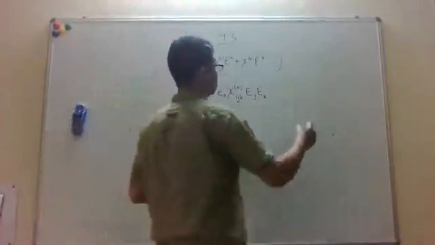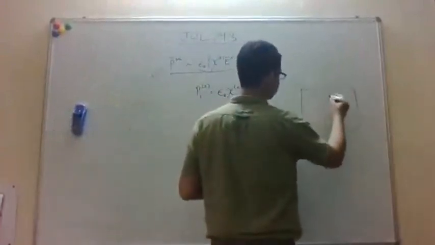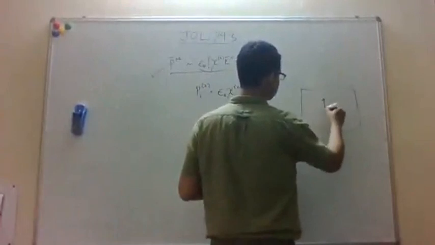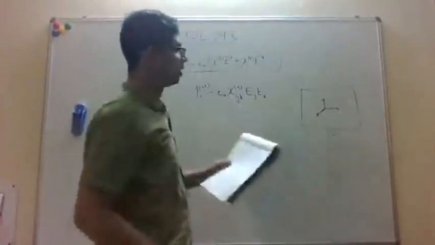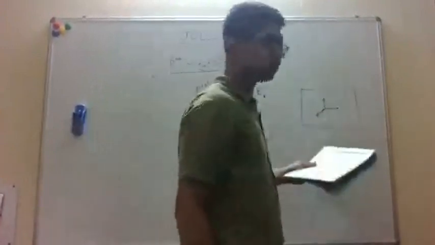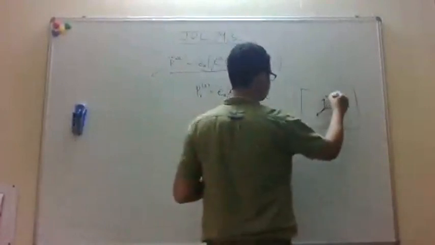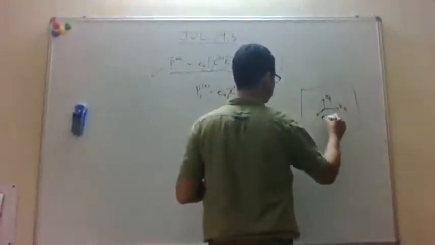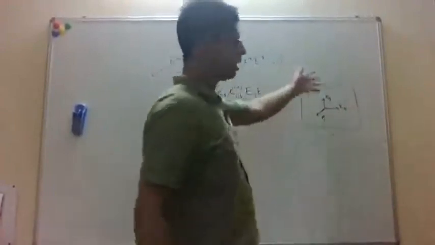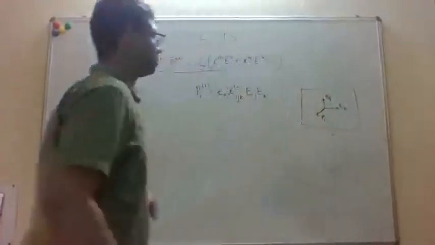Okay, so I have some material here. I can choose any directions, X, Y, Z. Each of these i, j, k could be either X, Y, or Z. It could be any configuration, but let's say for example it's this configuration.